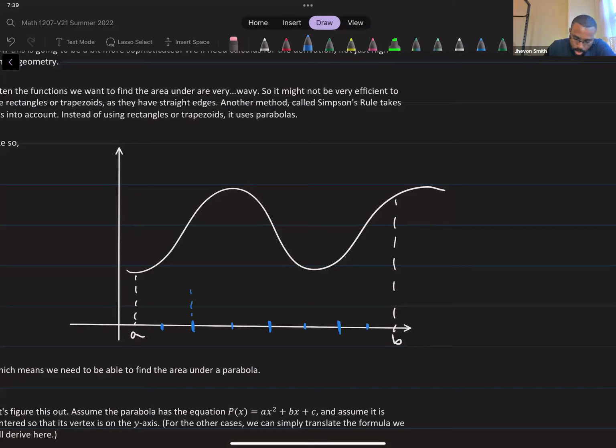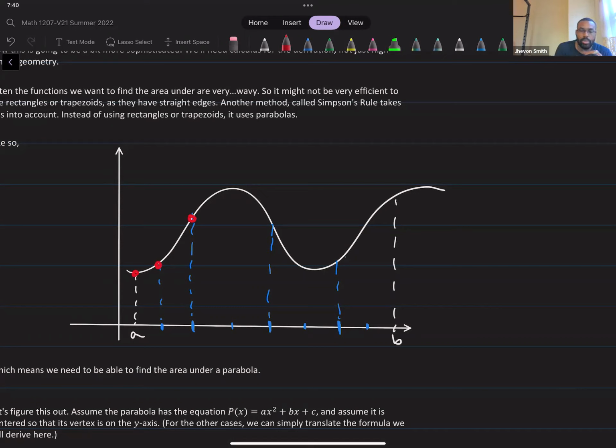So each interval, you think of it as a pair of intervals. And the reason is because you want to construct not a rectangle, not a trapezoid, but an actual quadratic function. And to uniquely determine a quadratic function, because you have ax squared plus bx plus c, you need at least 3 points of contact. So you have 1 point of contact, 2 points of contact, 3 points of contact. For this, you need each subinterval to have 2 halves. So you'll always have an even number of subintervals, right?